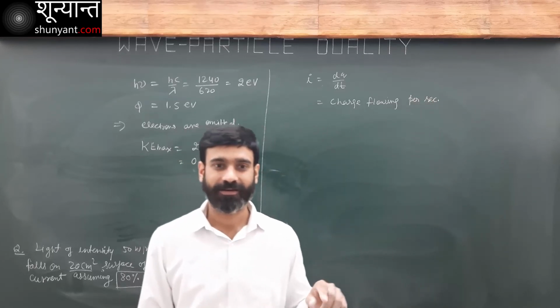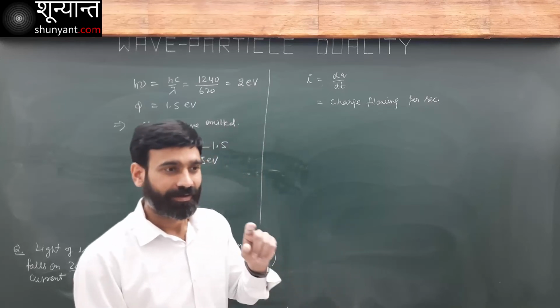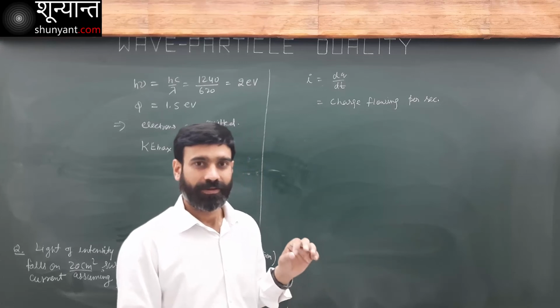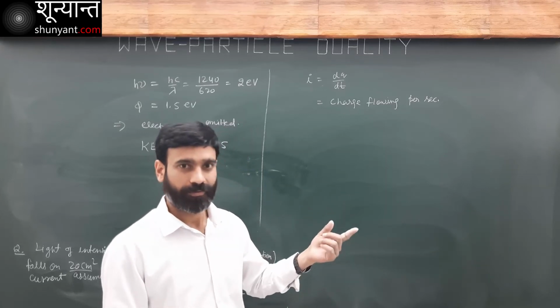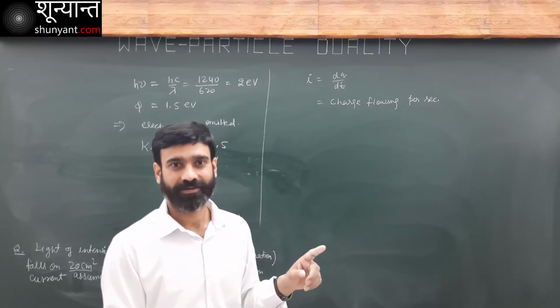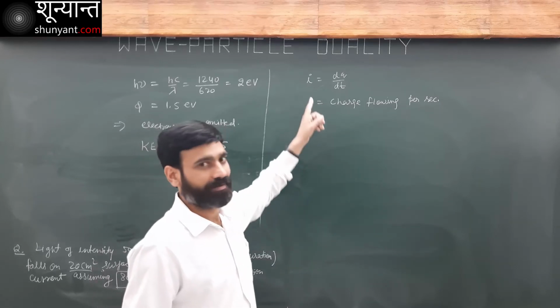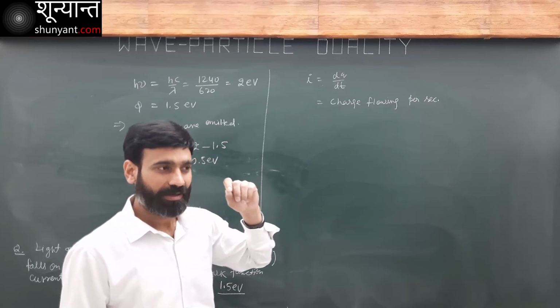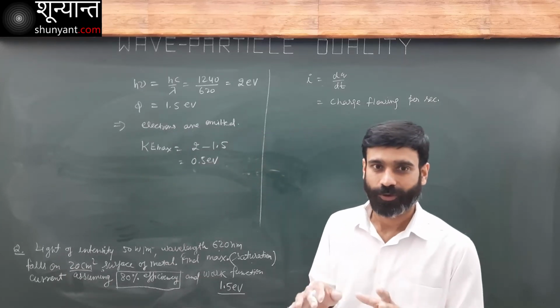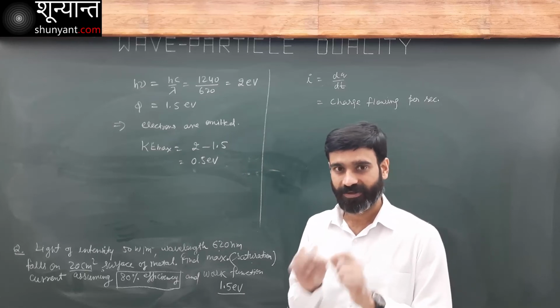To find that, I will have to calculate in 1 second how many electrons flow. If I know how many electrons flow in 1 second, then I can find how much charge flows in 1 second. And then I can find current. Now, how many electrons will come out? It will depend on the number of photons hitting per second.